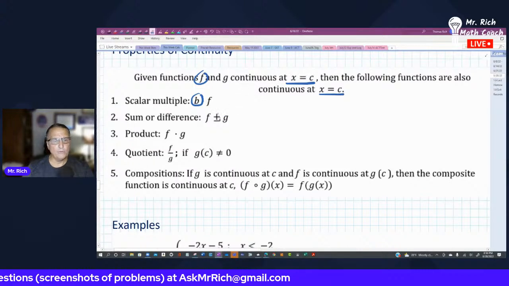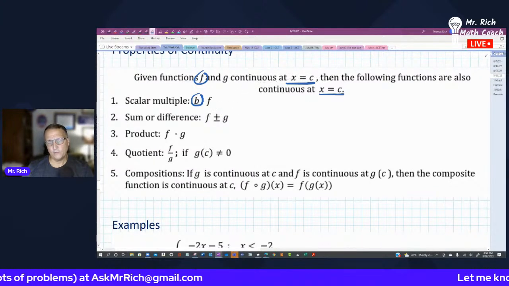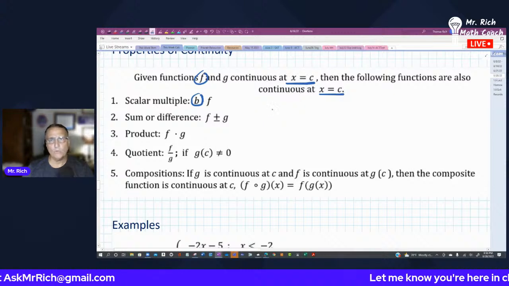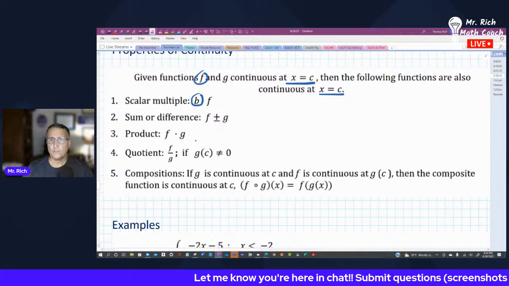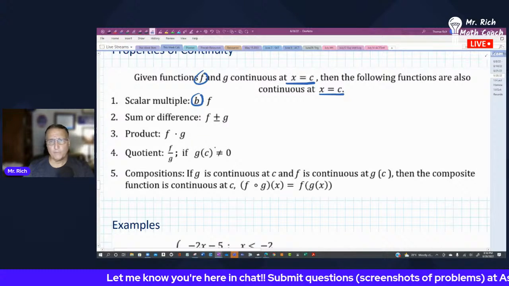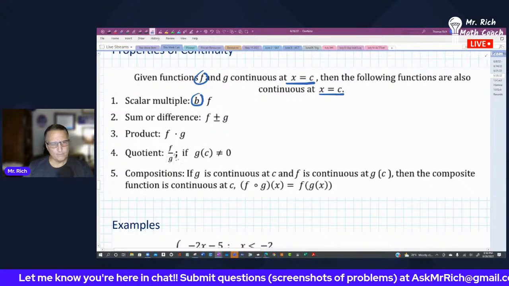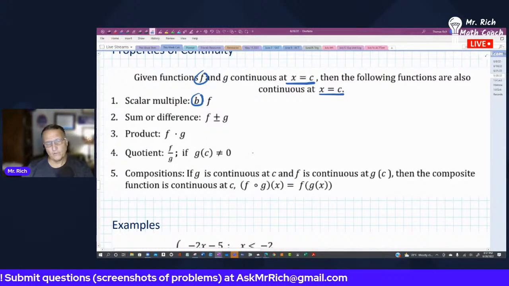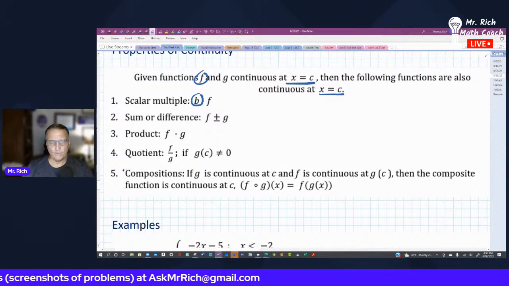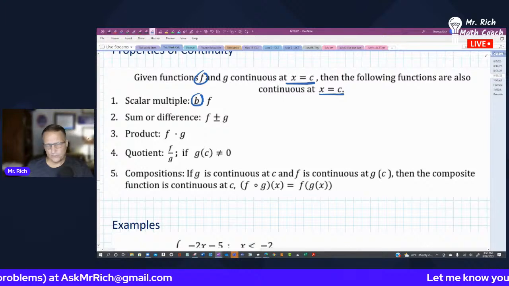Sums and differences of continuous functions will be continuous. Products of continuous functions are continuous, and same with quotients, so long as at the value c, the denominator function is not equal to 0. And it also works with compositions of functions.